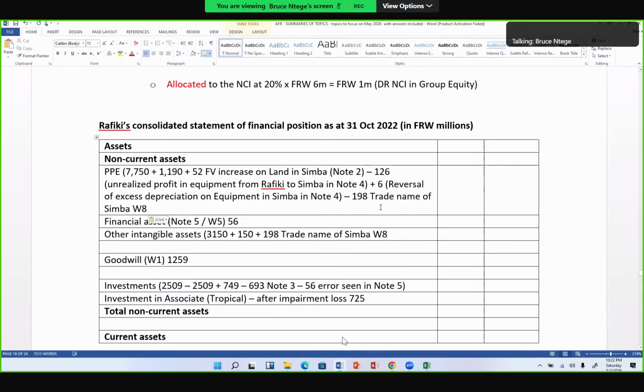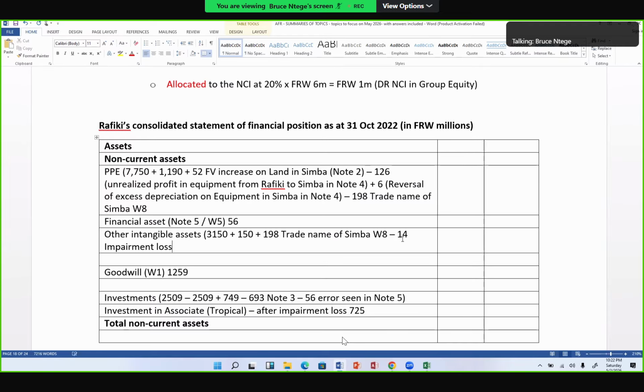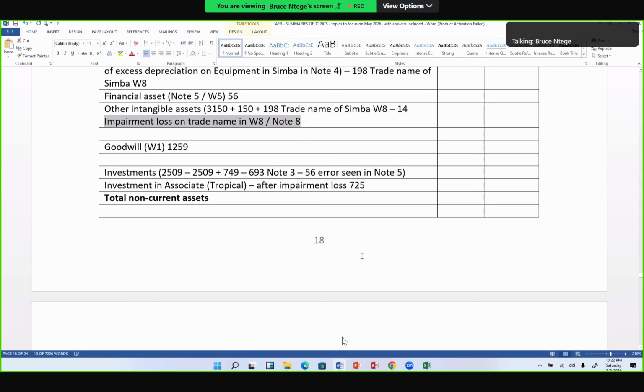Then I account for the impairment loss, to say that the impairment loss should be taken off the intangible asset, the 14 million. This is the impairment loss on the trade name in working 8, note 8. So that's the credit. The debit, I take it to the consolidated retained earnings working, which is working number 2.